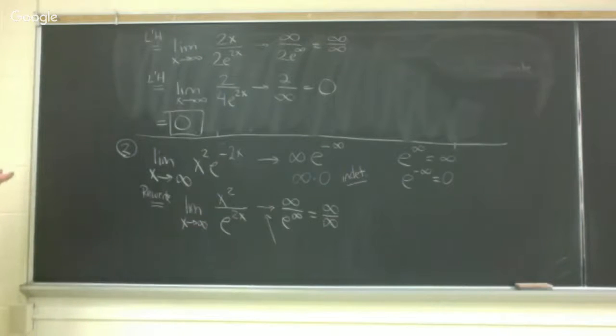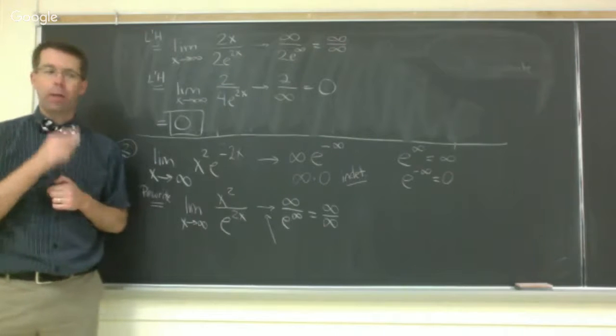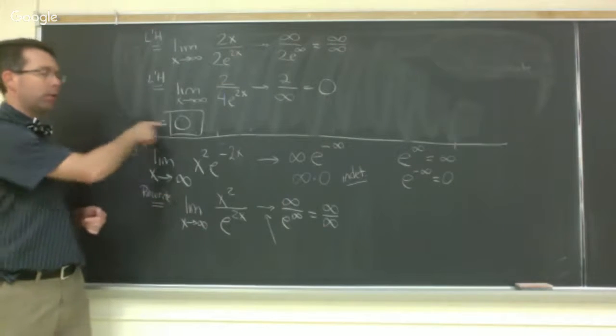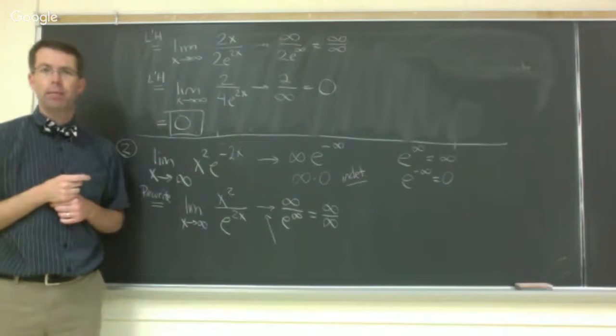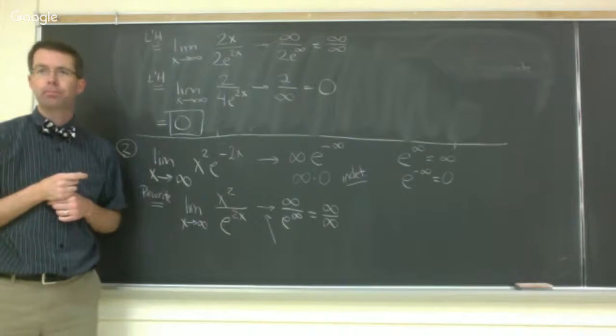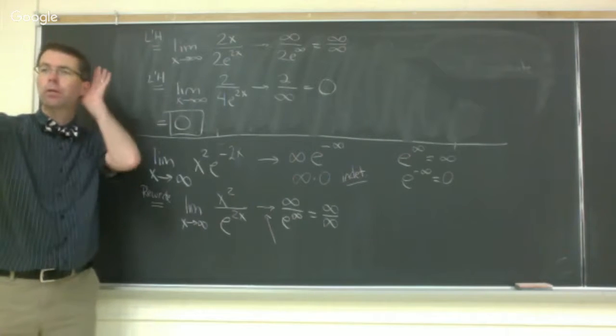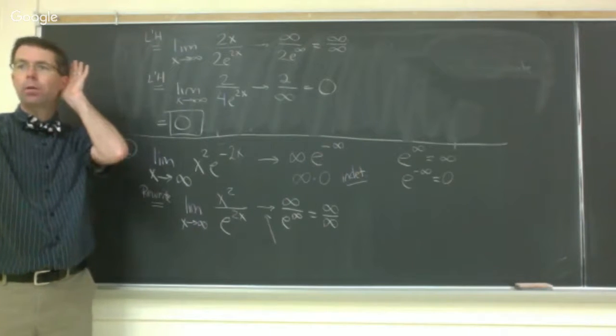Okay. Let's talk about interpretation. This problem didn't ask it, but if you take a limit as x goes to infinity and you get an answer of 0, what does that mean about the graph? What is it, Jonathan? Yeah, this would be a horizontal asymptote.